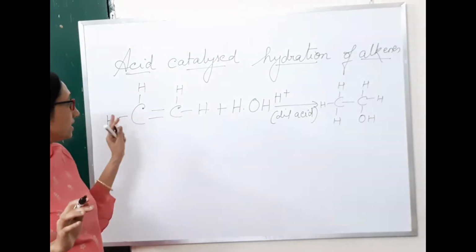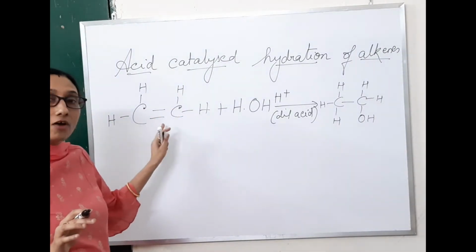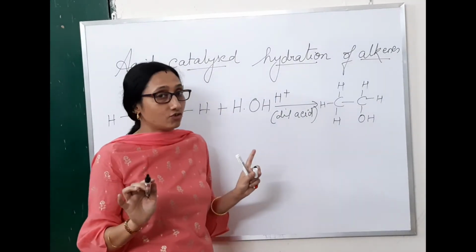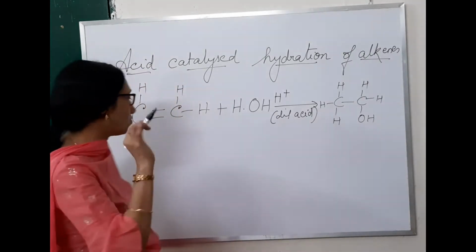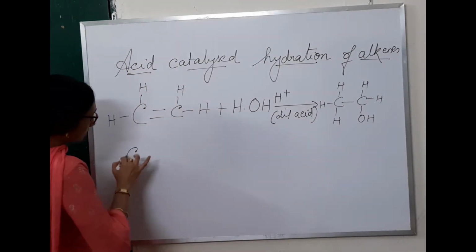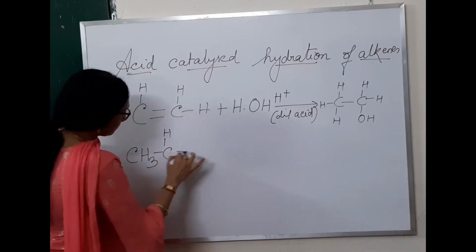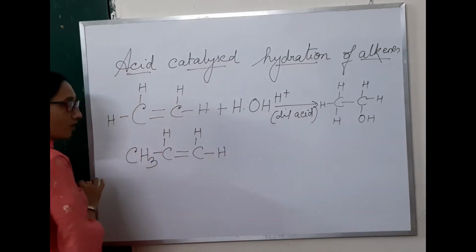We know that ethene is a symmetrical alkene. Now instead of ethene, if we use an unsymmetrical alkene, for example prop-1-ene, let us see what will happen. This is prop-1-ene.